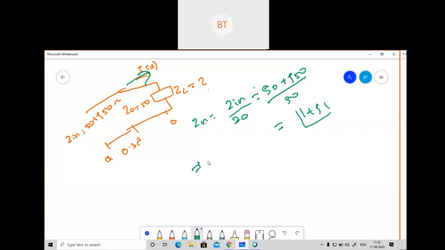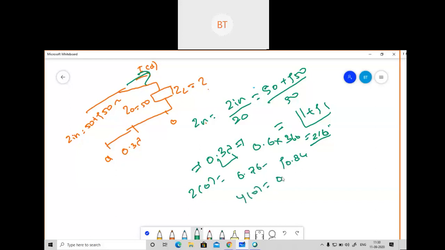This distance is given as 0.3, that is equal to, if I calculate in degrees, 216 degrees. This is another way I'm solving it, and I'll explain all those things. For that, if you calculate Z0, I will write here 0.76. After multiplying that, you will get 0.84, and for Y0 you will get 0.59 plus j0.66.